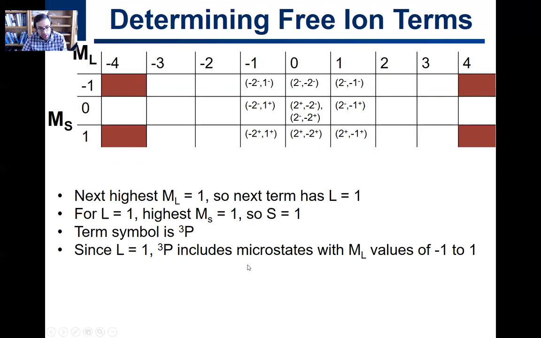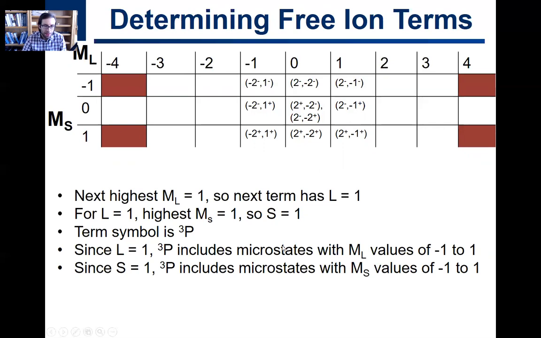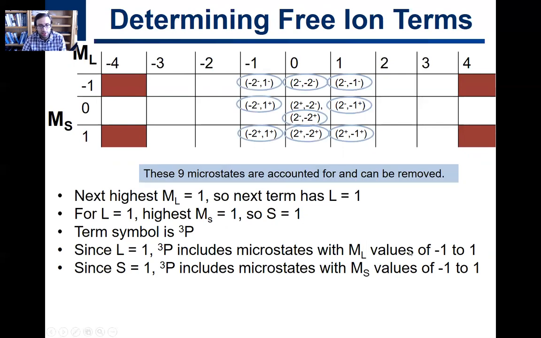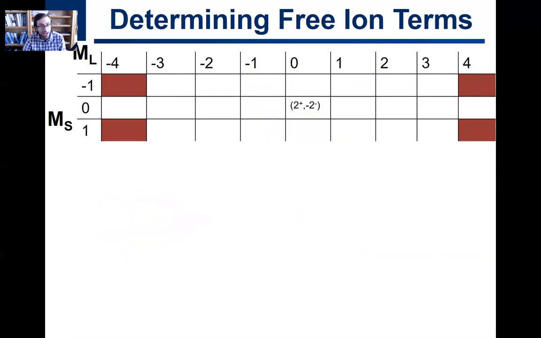Since L equals 1, triplet P includes microstates with M sub L values of -1 to 1. And since S equals 1, triplet P includes microstates with M sub S values of -1 to 1. So these 9 are going to go away. Those are going to embody the triplet P, which is going to have a degeneracy of 9.